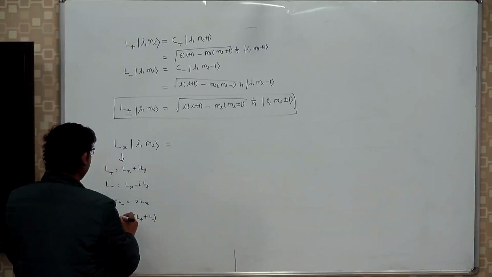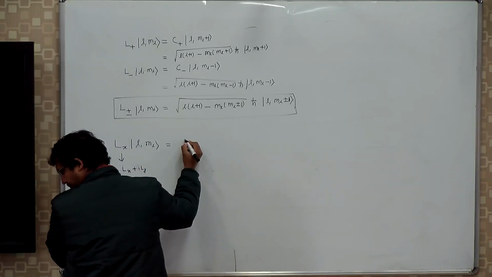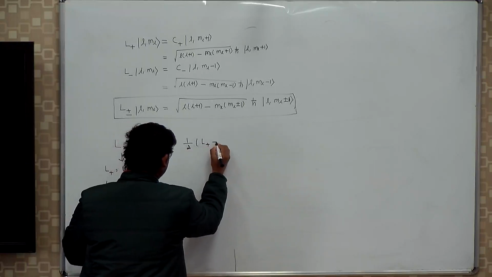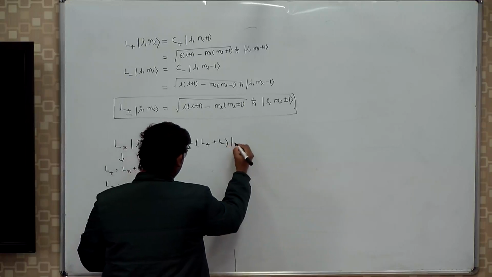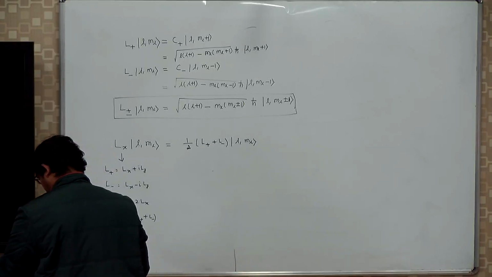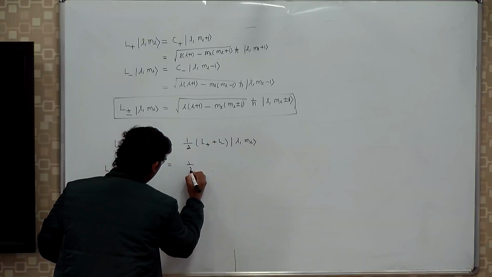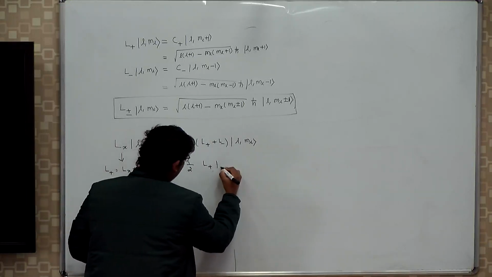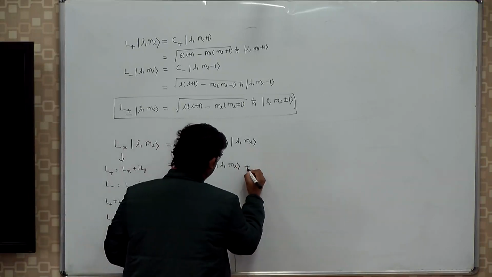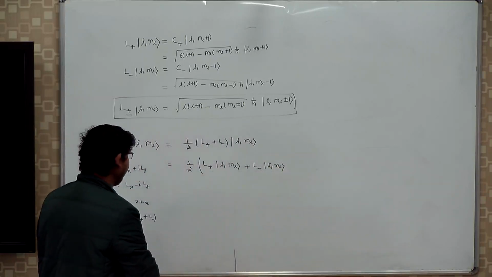Then if we feed this value here, Lx acting on the state vector |L, mL> is 1/2 (L+ plus L-) acting on |L, mL>. So L+ acts on the state vector, and L- acts on the state vector L, mL.